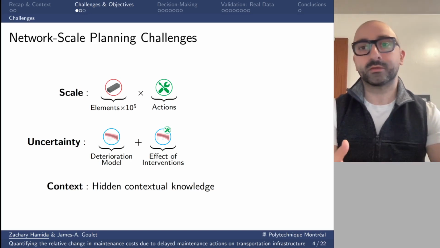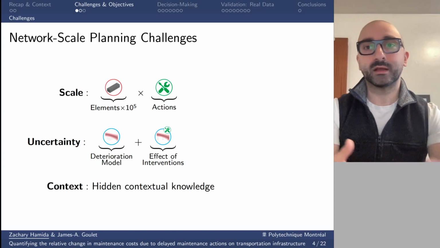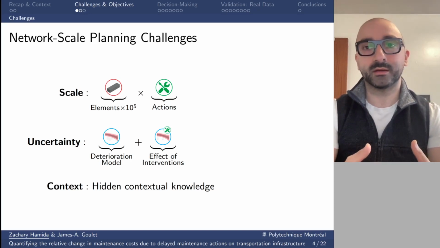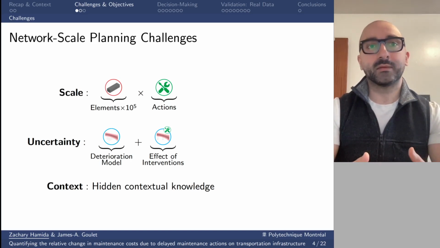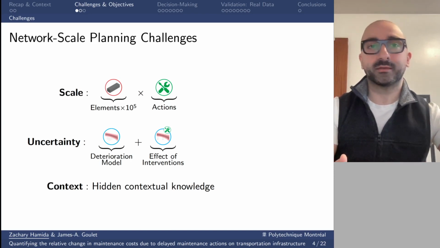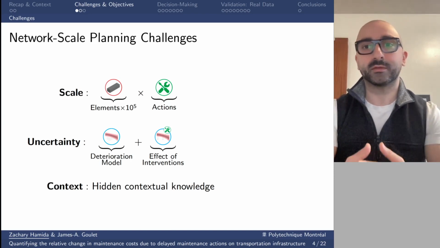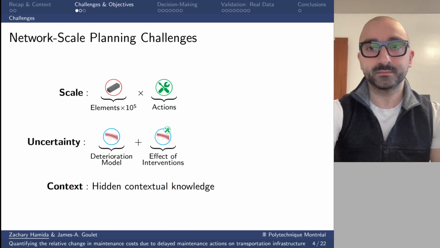So this hidden contextual knowledge is in general not known for the decision making framework because of new events that arise, and that would add some complexity to network scale planning.